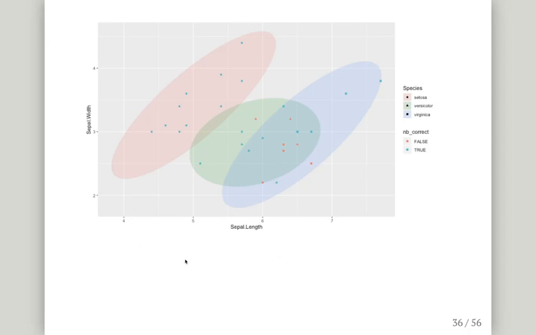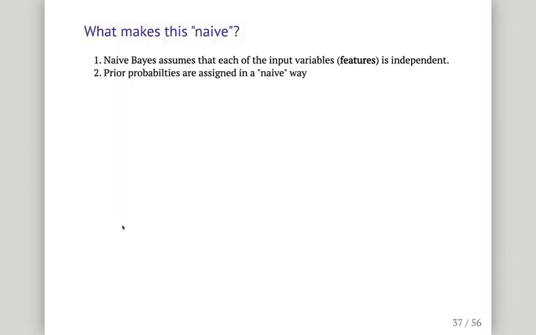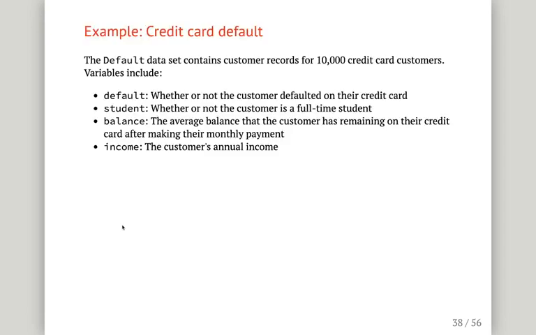Plants with longer stems tend to have thinner stems and vice versa. So if there's correlation between our input variables, naive Bayes might not work as well. The other thing that makes this naive is that we're assigning those prior probabilities not based on any additional knowledge, but just based on the original class frequencies or the class proportions.